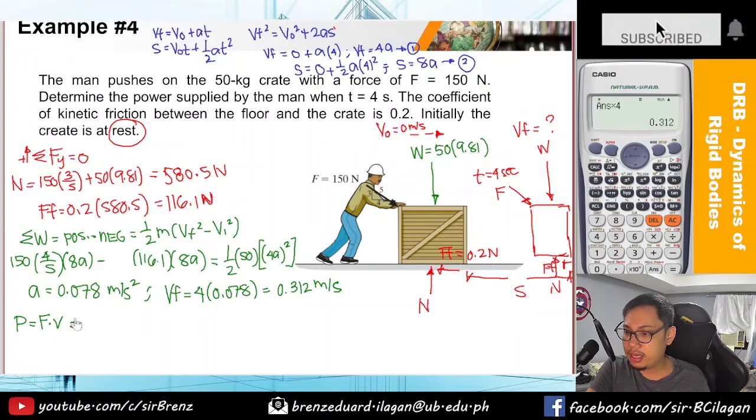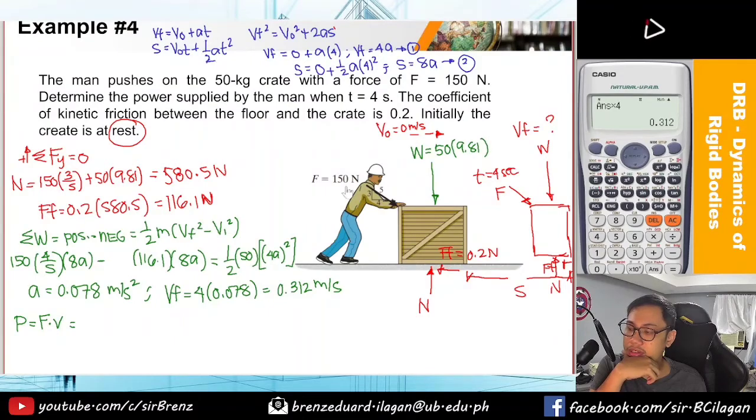And then guys, again, gaya nga nasabi ko kanina doon sa step-by-step procedure, since yung velocity natin is horizontally level with the x-axis, so yung ating force, yung exerted by the man na 150. So we need to get the x component of this. Ayan.